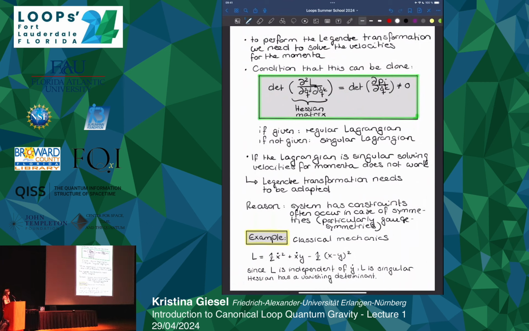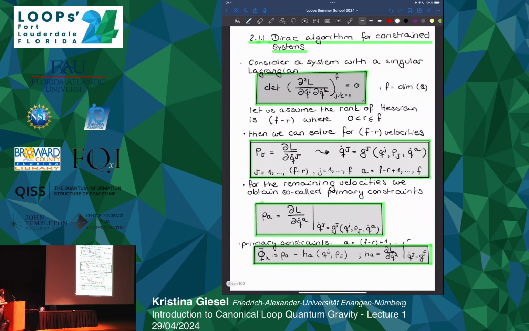You see that there is no y dot involved, so no velocity with respect to y. And this already means that if we compute the canonical momentum for y in this case, it will vanish and we cannot solve for the y velocity, obviously.